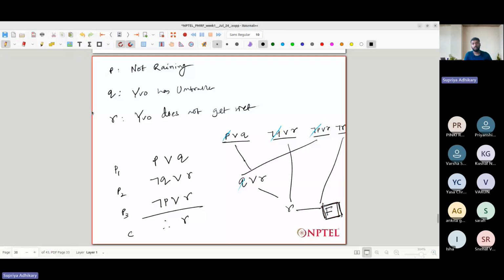So whenever we are given a statement like this, and we have to show this is not satisfied, we can use the rules of resolution, like this.